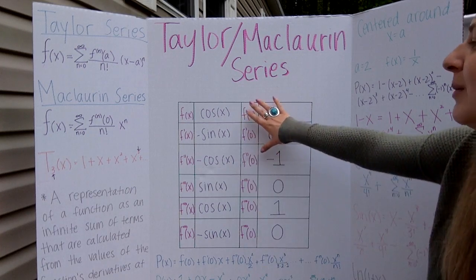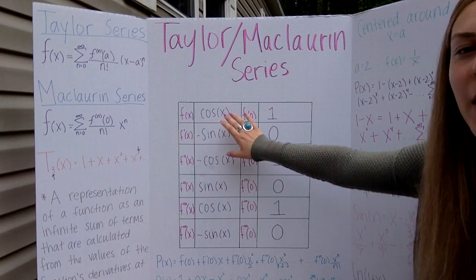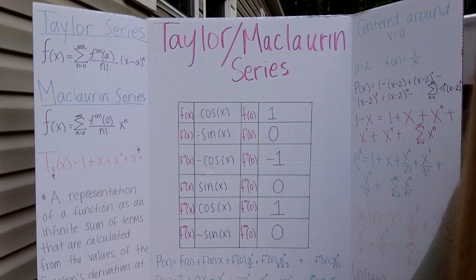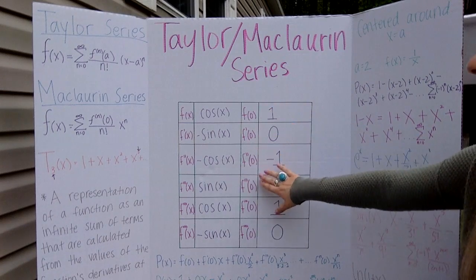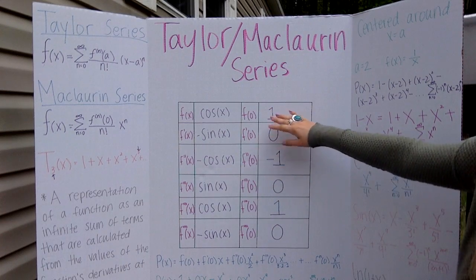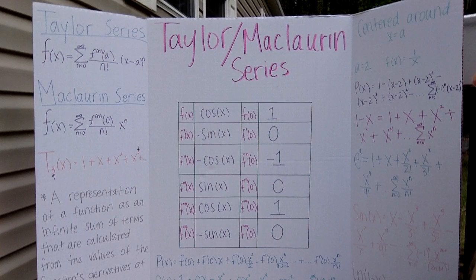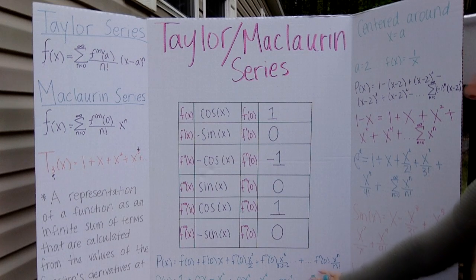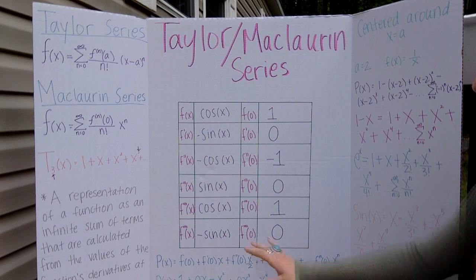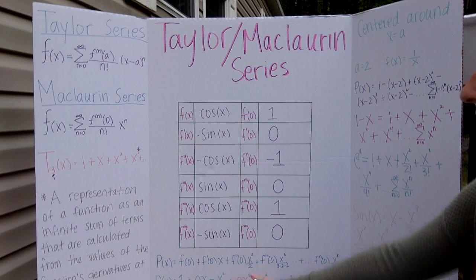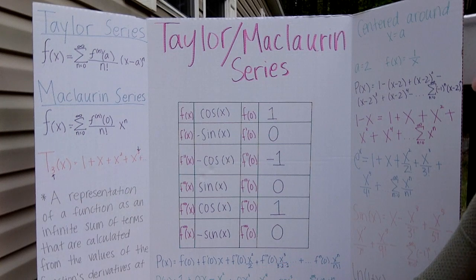So remember that you need to be doing derivatives for however many degrees that you're going to go out to, however many terms. Remember that you're going to be plugging in the point that it's centered around into both the function and the derivatives. And remember that when you set up the polynomials, you're going to start with the function value at 0, and then you're going to go on with the derivative values at your point.